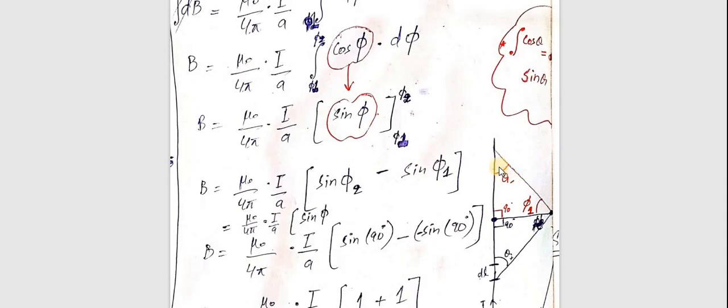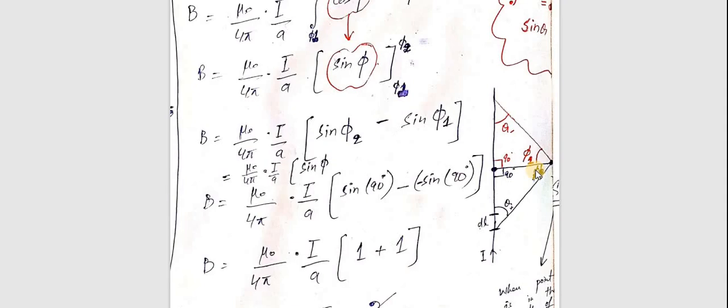Now we have to understand that if the current carrying wire is very long, then we have θ1 and θ2. By applying the limits, the equation becomes B equals μ0 divided by 4π, I divided by a, sin θ2 minus sin θ1.